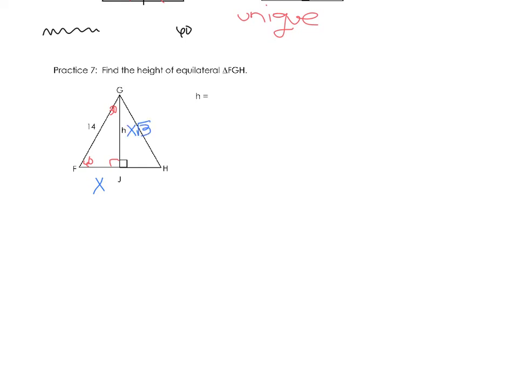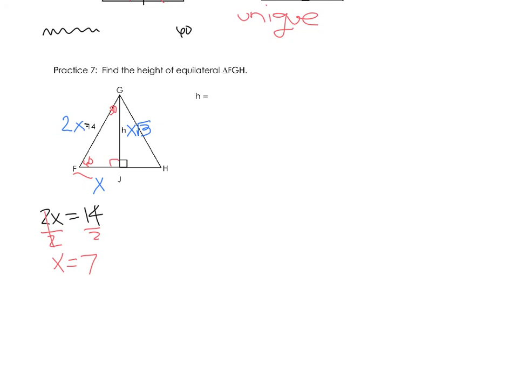And across the 90 degrees goes 2x. So given that FG is 14, we clearly know that 2x is equal to 14. So to solve for x, we divide both sides by 2. Those will cancel out, and we know that x is equal to 7.